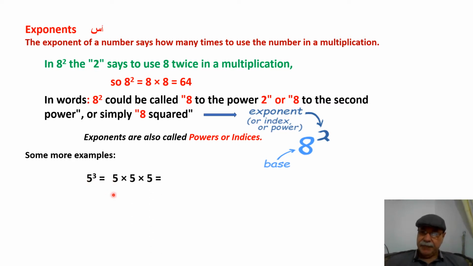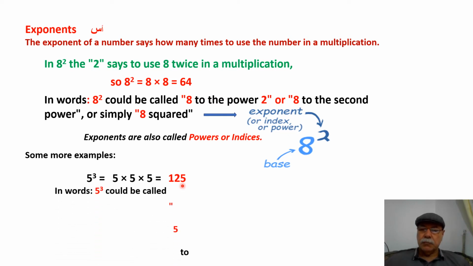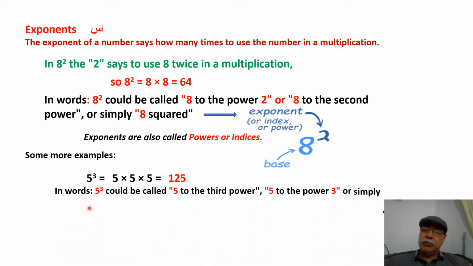This is the meaning of 5 cube. So 5 cube, the result is 125. You can call it 5 to the third power, or 5 to the power 3, or simply 5 cube.